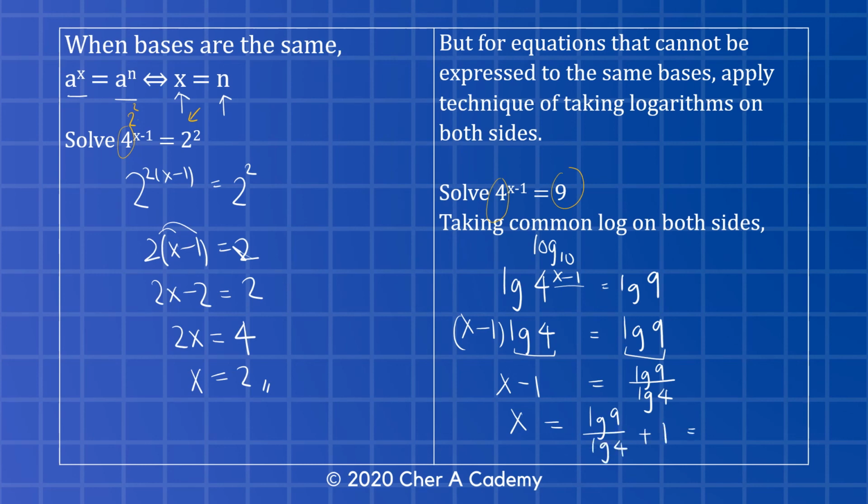When you key in the calculator, I will have 2.58496. Correcting to 3 significant figures, I'll have 2.58.